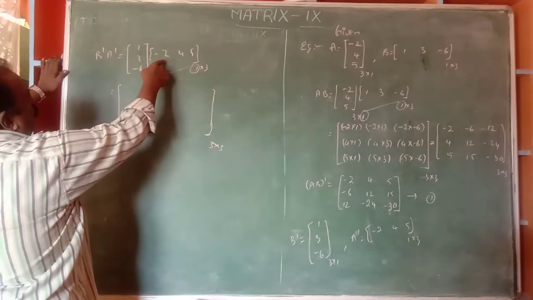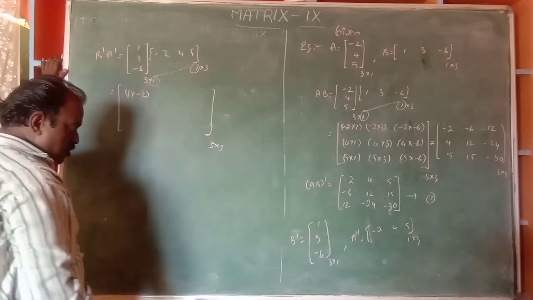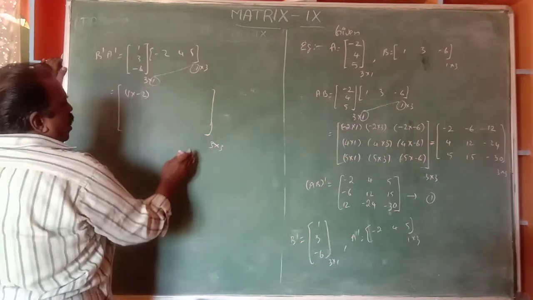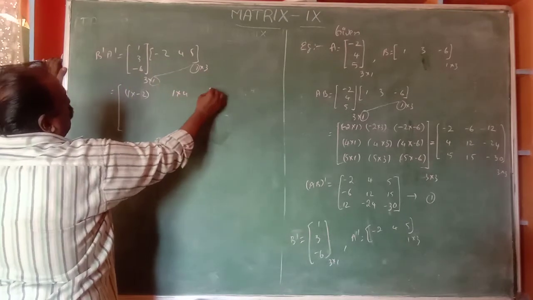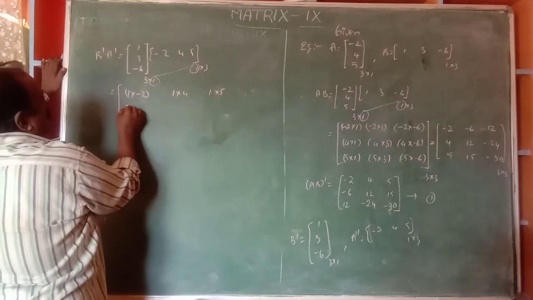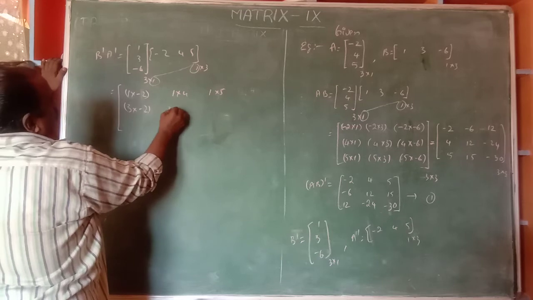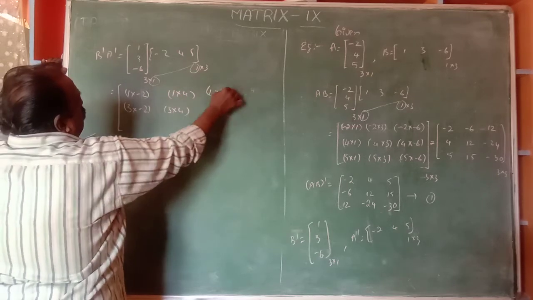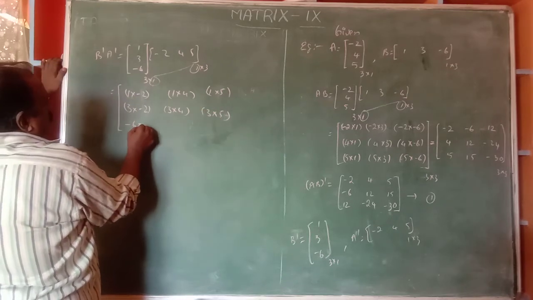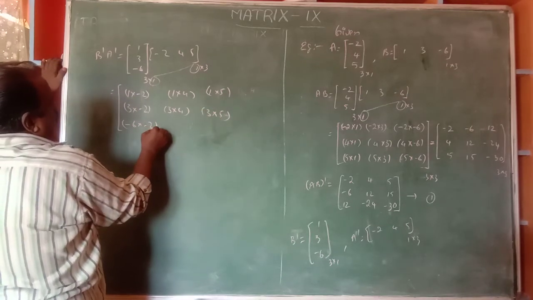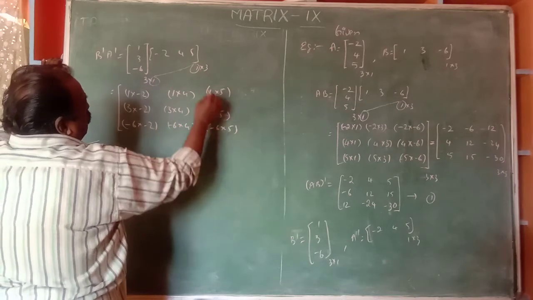First row, first column, 1 into -2. Try to catch it correctly. Again, 1 into 4, 1 into 5. Again, 3 into -2, 3 into 4, and 3 into 5. Minus 6 into minus 2, minus 6 into 4, minus 6 into 5.